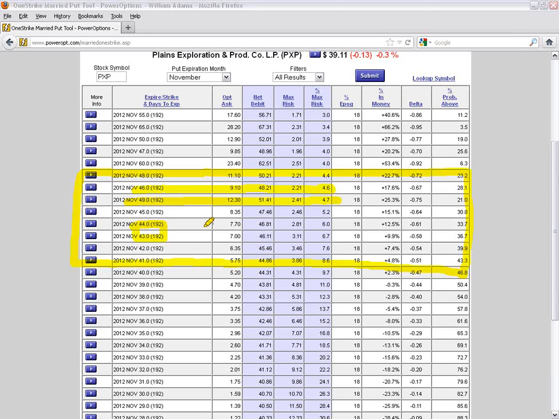The best time to apply any income method is when the stock is trading right at your put strike price. So even though this 45, 46, and 49 strike give me a lower risk, and they're still within my in-the-money range here, at least the 48 and the 46 are, they have this low risk of 4.5 or 4.6%.